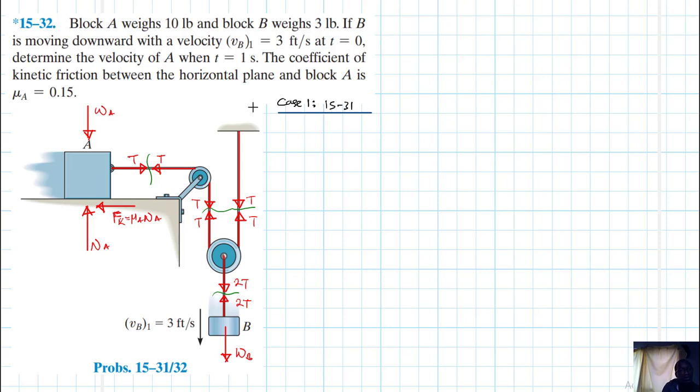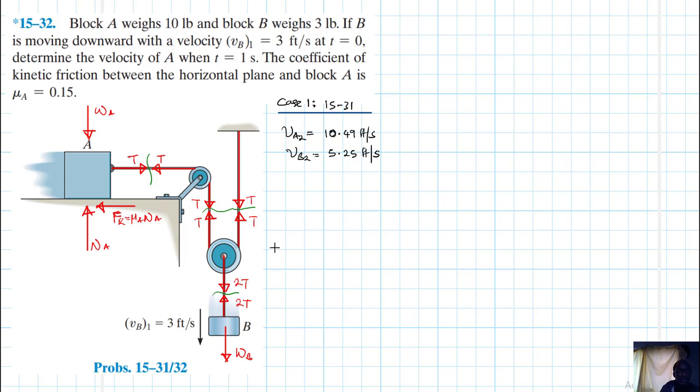Here we found our VA2 is equal to 10.49 feet per second. Our VB is equal to 5.25 feet per second, right?